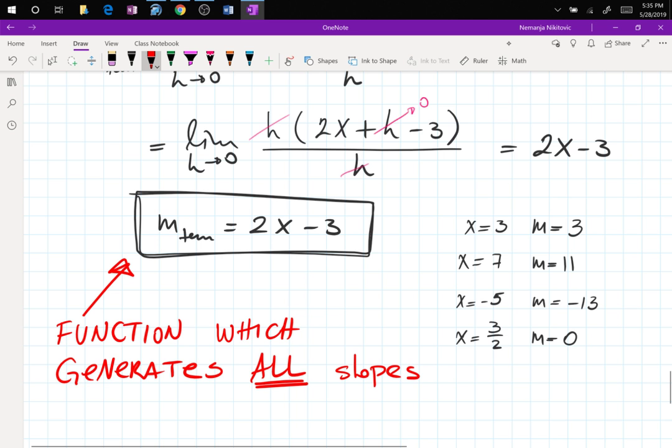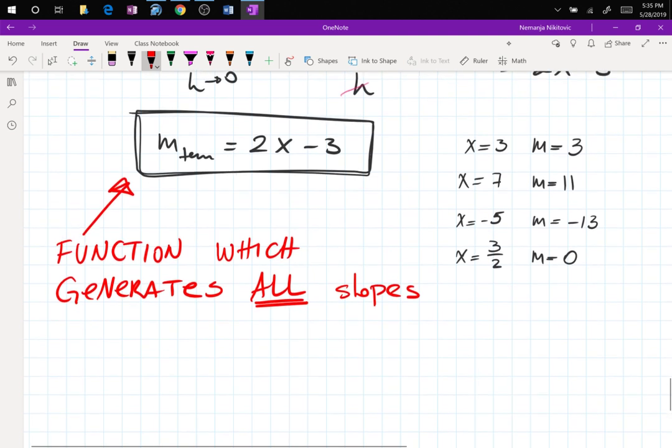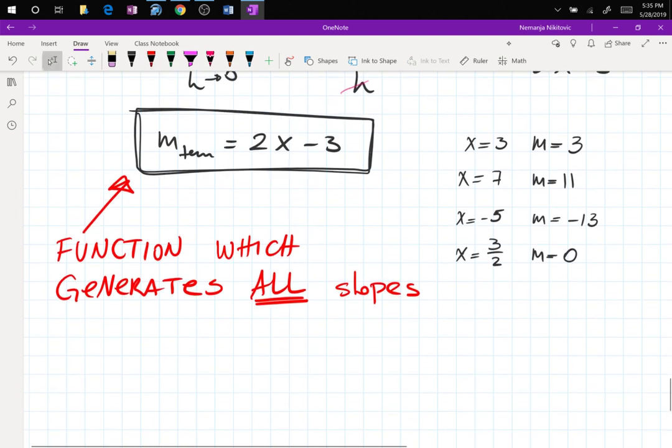Wow. That's cool. What's the name of that function? Slope generator? No? Is there a shorter name for that function? Derivative. The derivative.